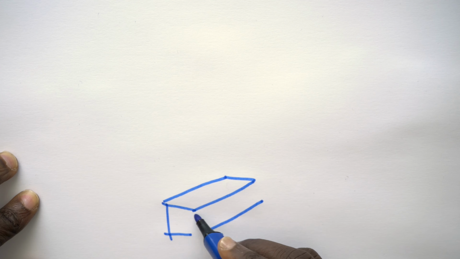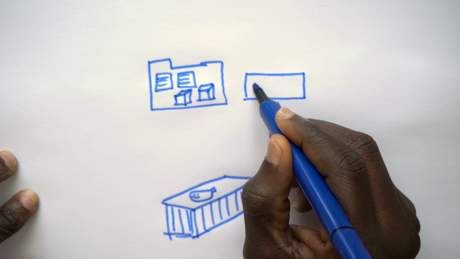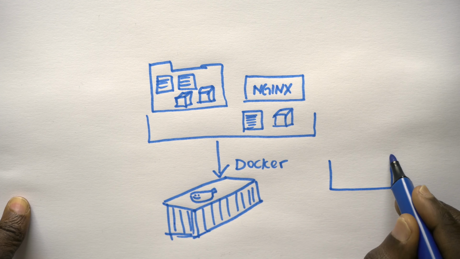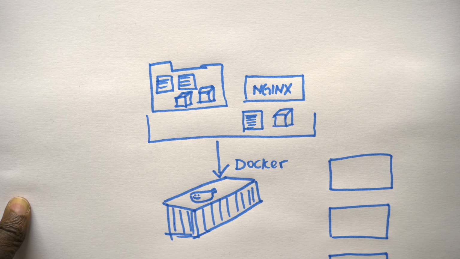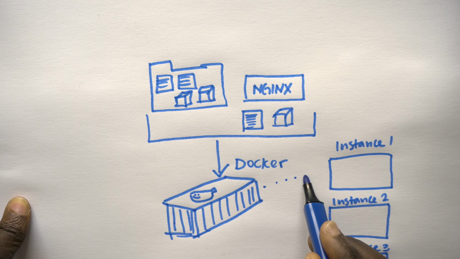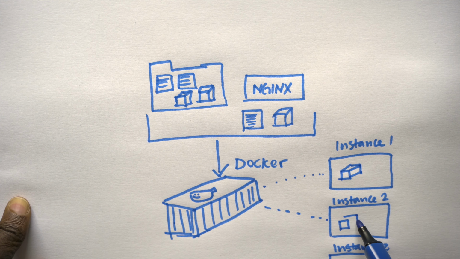And this is what Docker solves. Docker allows you to package your application, your source code, and your libraries into a single container, which can now be taken and run on different machines. So when a developer joins your team, all they need to do is take the image and run it as a container.